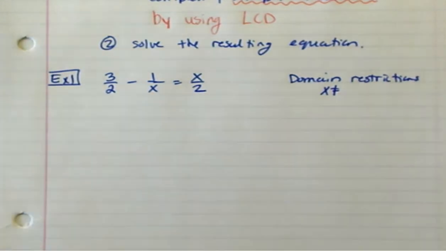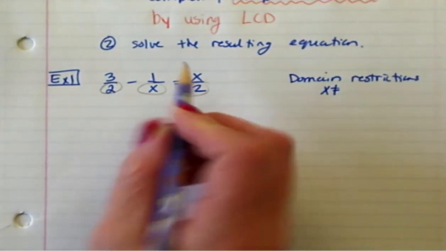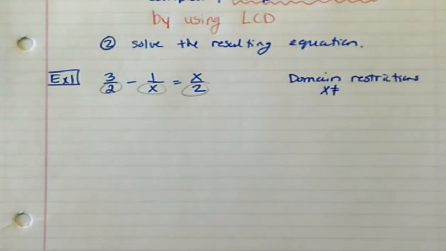X can't be... only where the variable is. Just zero. Okay, great.